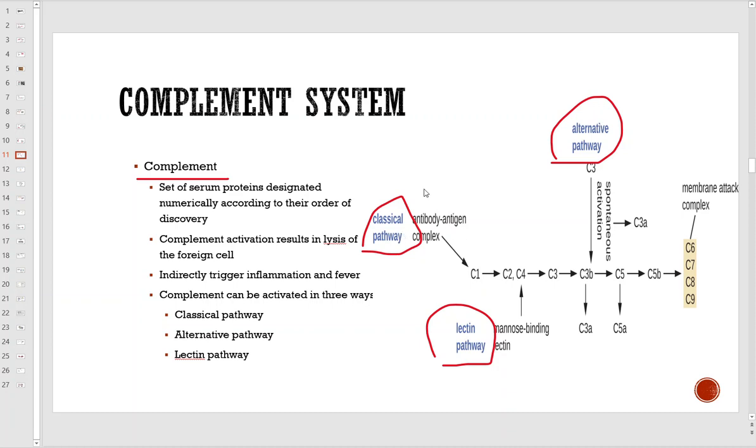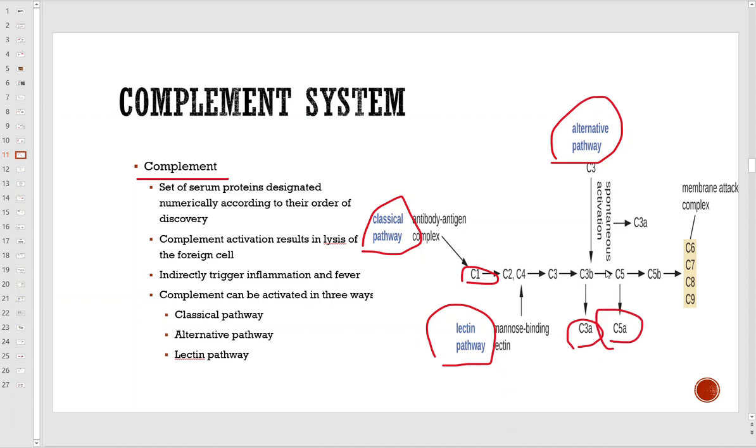If one of our antibodies binds to a bad guy of some type, that will cause C1 to interact with C2 and C4. These are all different molecules in this system. This will interact on C3, and this will cause C3 to split into a C3a and a C3b. We'll talk about them in a minute. Let's just keep going.